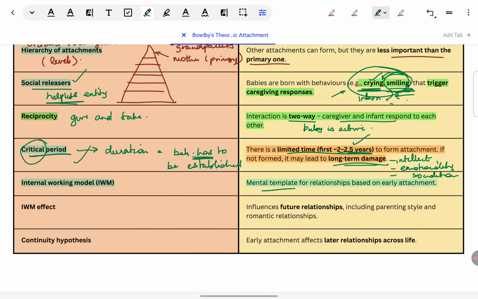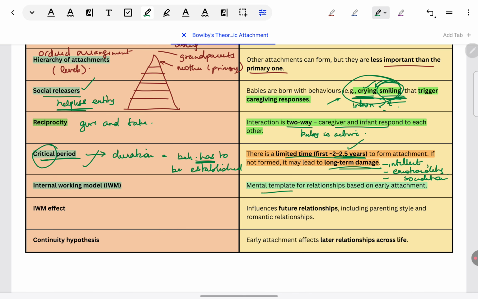Whatever attachment is formed with the caregiver, whatever quality of attachment is there with them, which can be either good or bad, that is the quality of attachment that becomes a template for the individual. It's like a mental template. And they will operate from this mental template when they have to make their grown up attachments in adulthood.